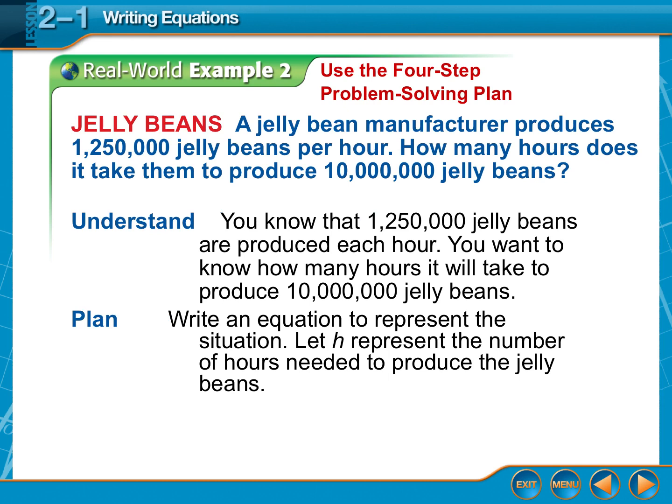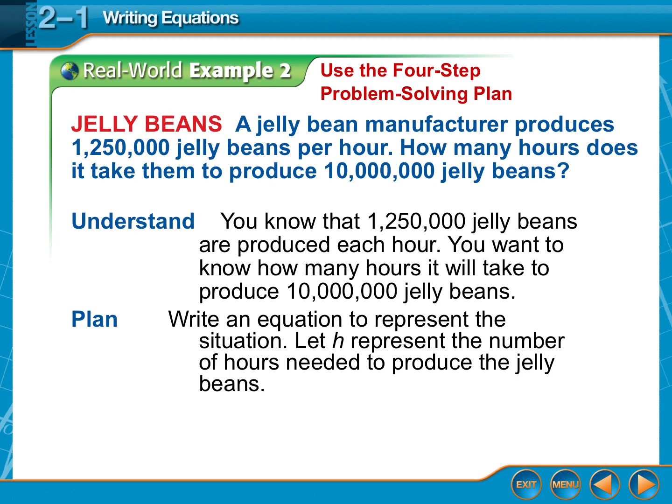So it says a jelly bean manufacturer produces 1,250,000 jelly beans per hour. How many hours does it take them to produce 10 million jelly beans? Write an equation to represent the situation. Any ideas on how we can solve that? So every hour it makes 1,250,000 jelly beans. It wants to know how many hours it'll take to make 10 million. How do we figure that out? You multiply.